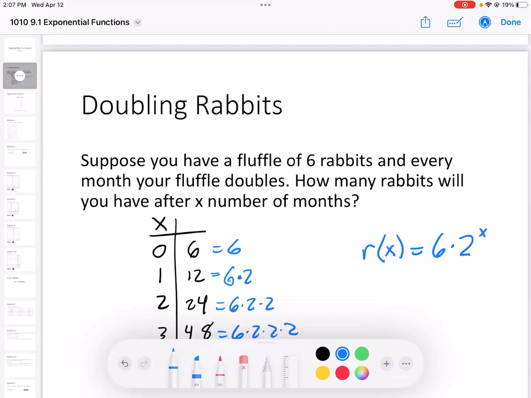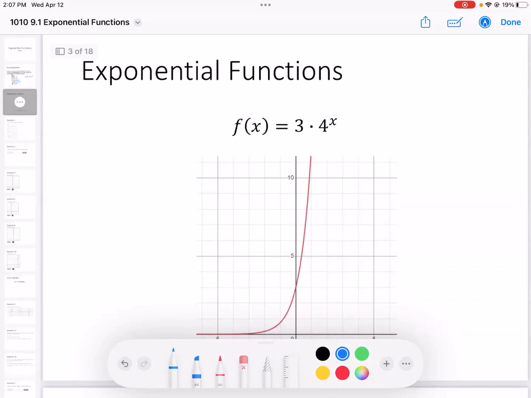Since we were doubling it, this is a 2. But if we look at this equation, what this is telling us is that our original amount is 3, and it's quadrupling every time X increases. So if X was talking about months again, it would say that we're quadrupling it every month. Everybody good with the structure of that?